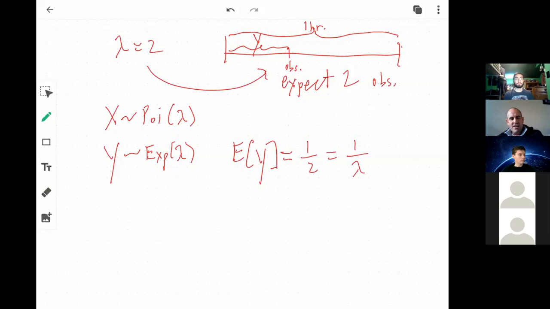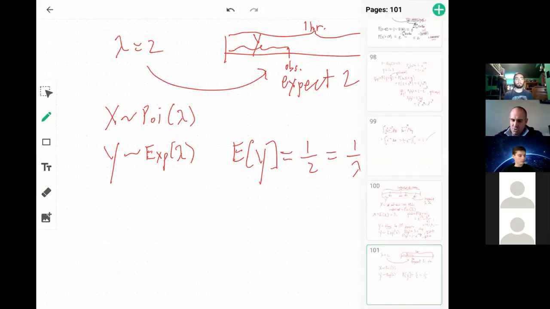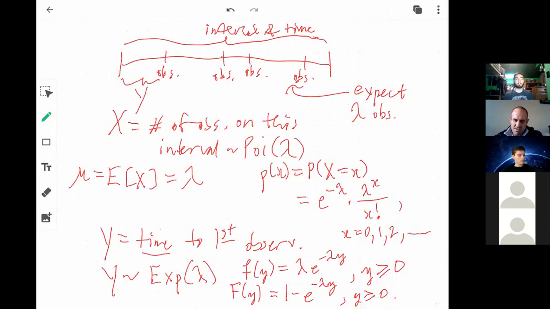Now, I didn't go into the details as to why this is the density, why this is the cumulative distribution function, but it's actually not that hard to explain. It just comes from working with the actual probability mass function for the Poisson.